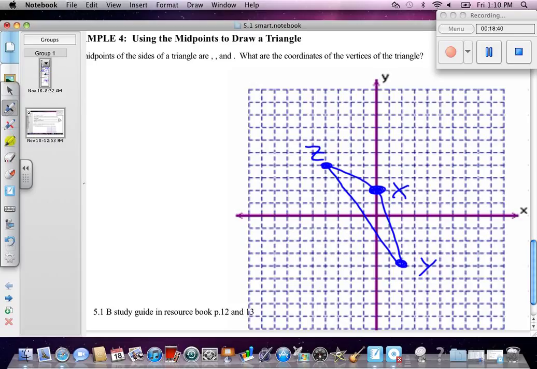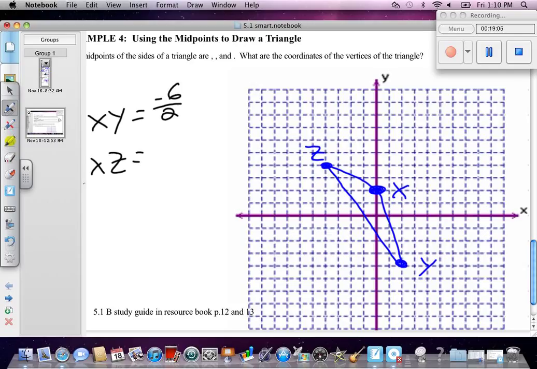Feel okay about this? Sure. Okay. What is the slope of x, y? We went down 1, 2, 3, 4, 5, 6 over 2. -6 over 2. What is the slope of x, z?